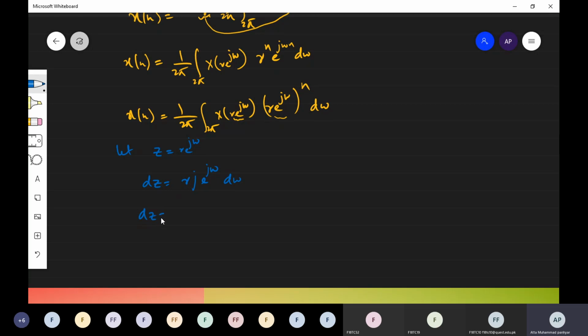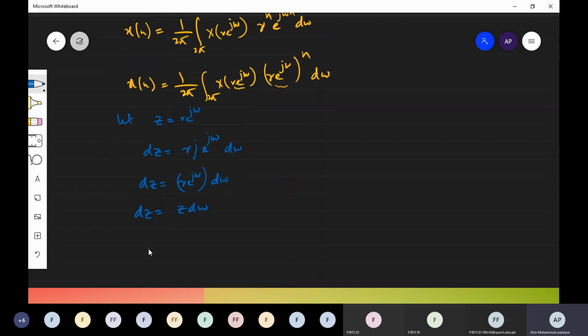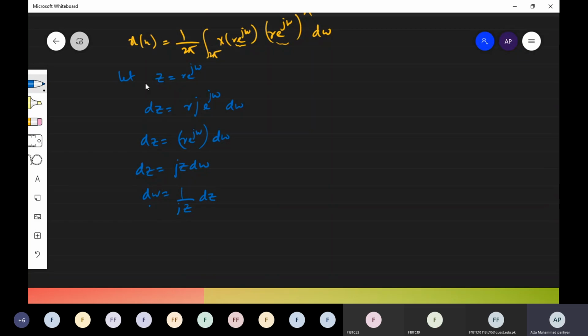And now we can say r e to the power j omega is equal to z. Then I can say dz is equal to j z d omega, and our d omega is equal to 1 over jz dz, right?